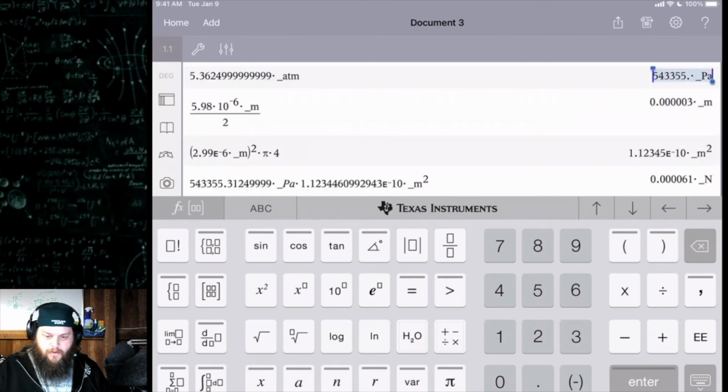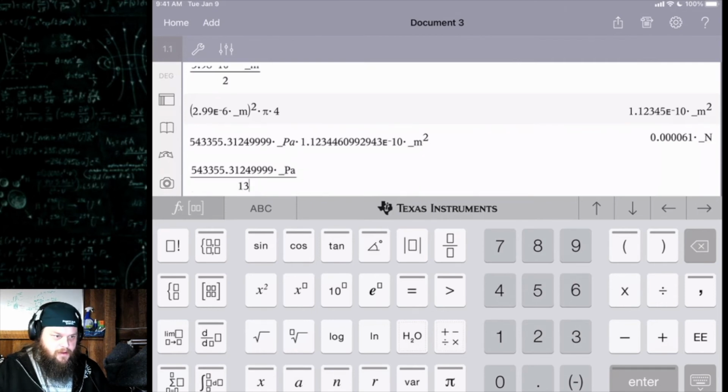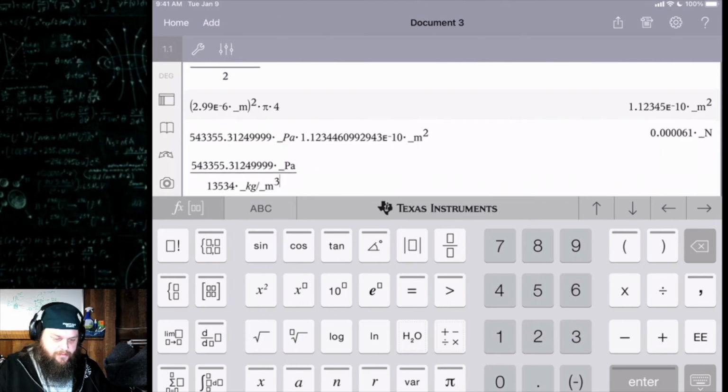So I'm just going to grab my value for pascals and divide that by 13,534 kilograms per meters cubed, and also by gravity, which is 9.8 meters per second squared.